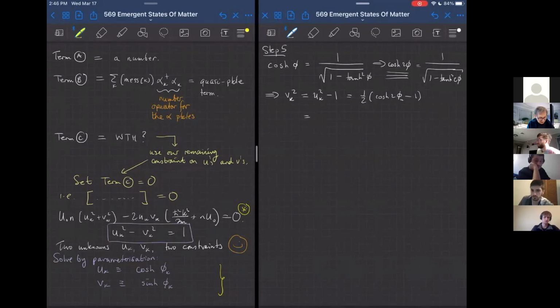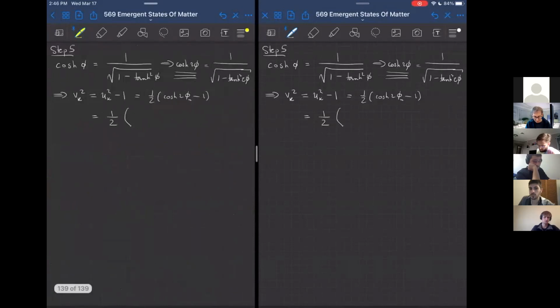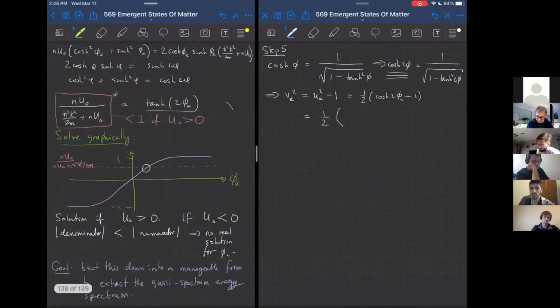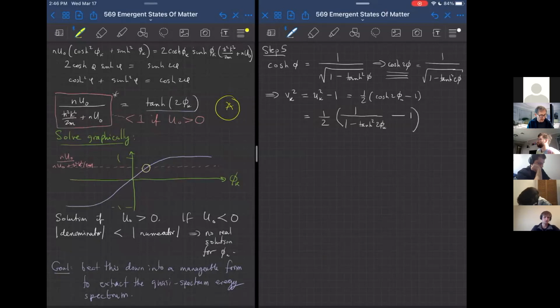So I've figured out that v k squared is 1/2, and now I can put in what I have for tanh, which is over here. So there's what tanh is, in terms of n u naught and h bar squared k squared. So v squared is a half of 1 over the square root of 1 minus tanh squared of 2 phi k, minus 1, like that.